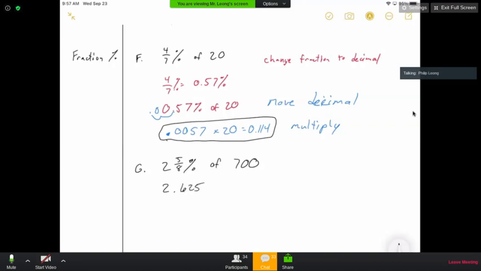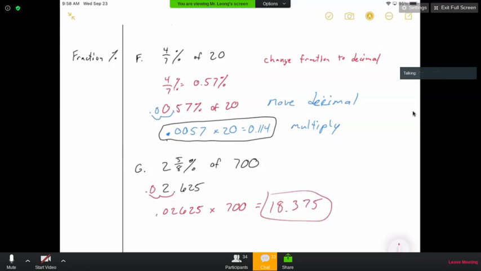Does everyone see how I got that? Just do 5 divided by 8, and you get 0.625, but then don't forget about the 2 there. Everyone see that? Okay, now go ahead, finish it. Move the decimal twice and multiply. And you should get 18.375.